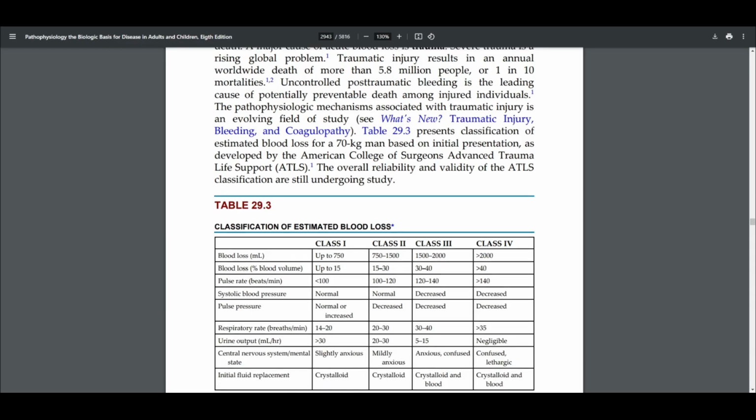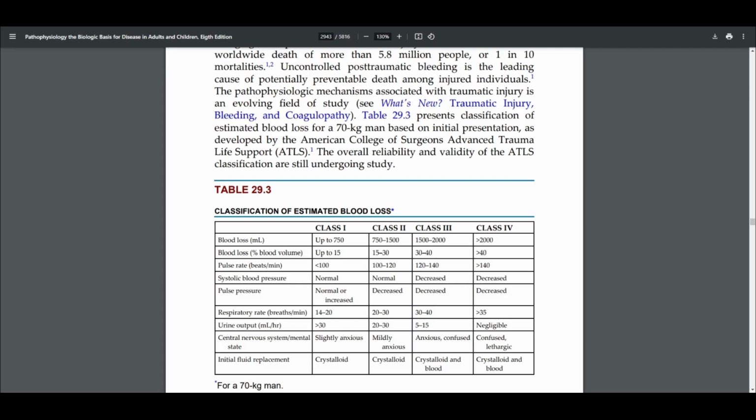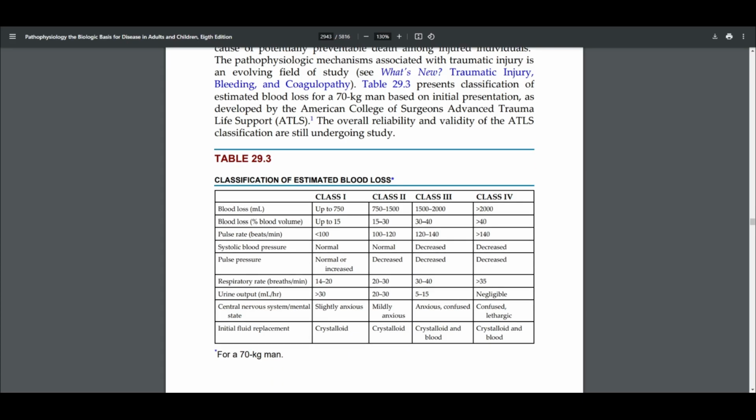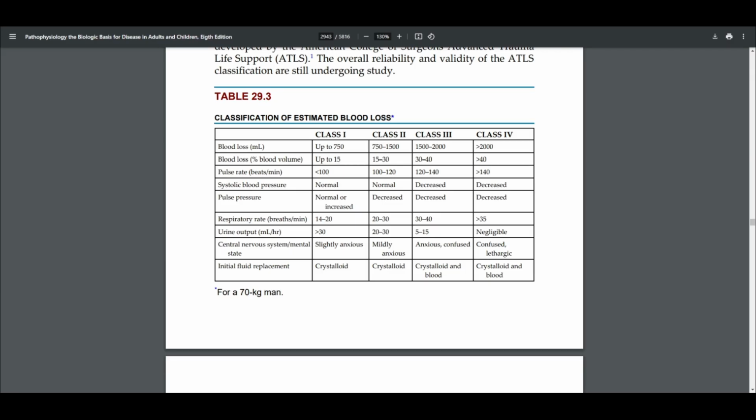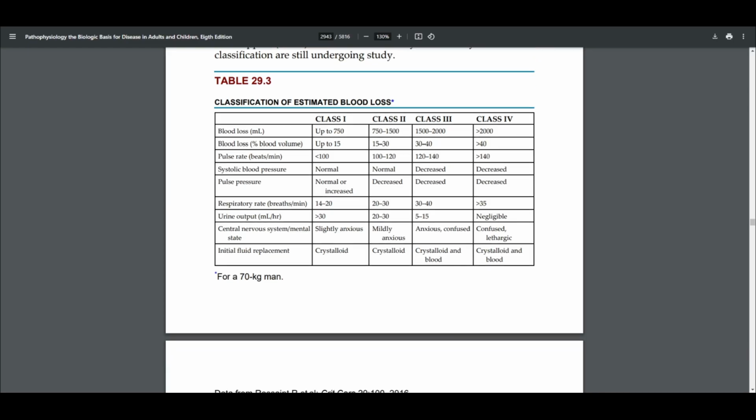The overall reliability and validity of the ATLS classification is still an ongoing study. However, if you'd like to pause here, you'll be able to see the classification of estimated blood loss and how they go about it in that sense.